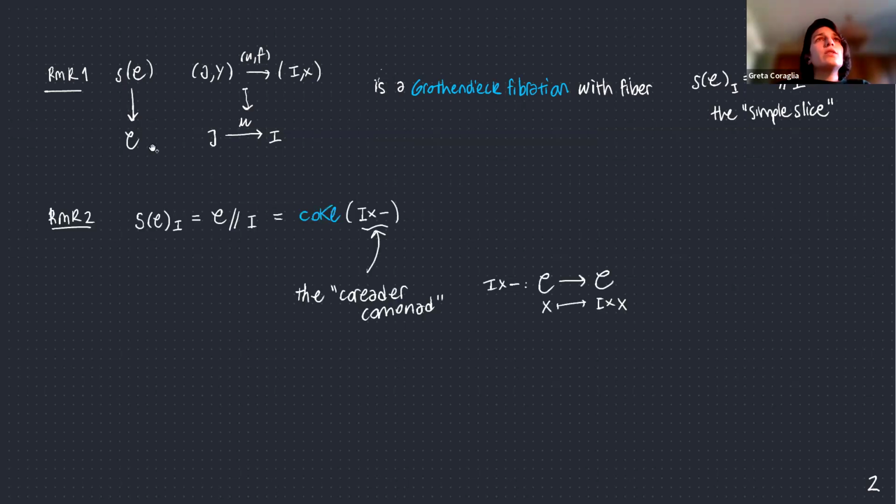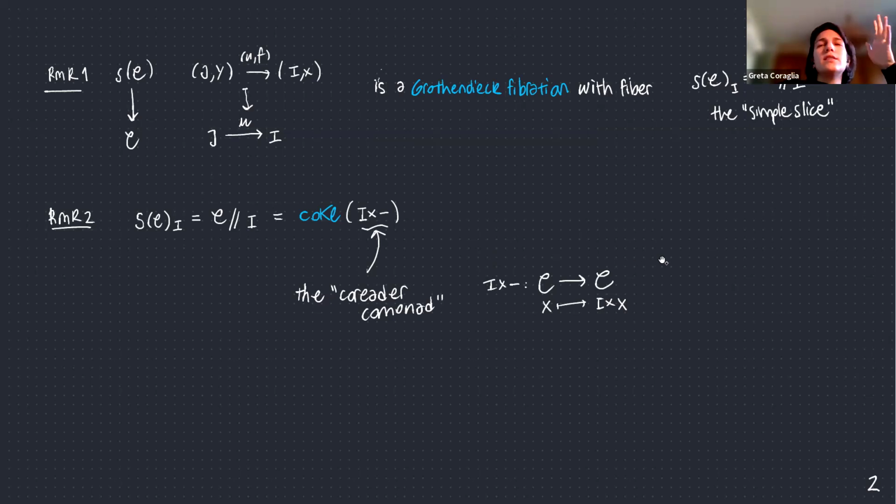But not only that, he noticed something different. He noticed that the simple slice, so the fiber at a given I, is also the co-Kleisli category of a certain comonad, in particular the co-reader comonad, which, given an object I, maps an object X to its product with I. So maybe not a super interesting comonad, but still.